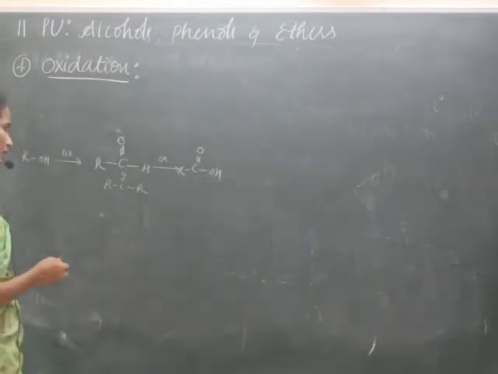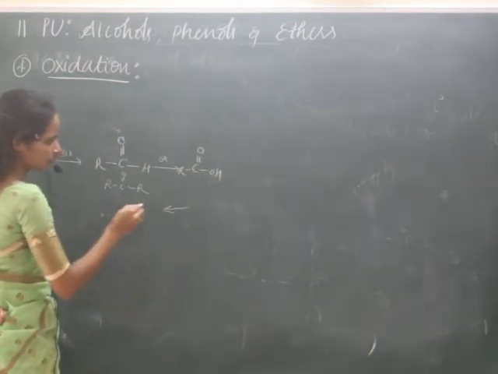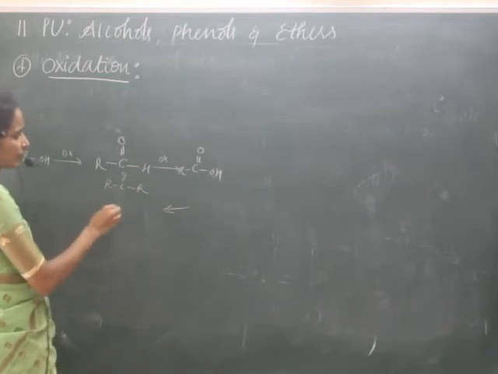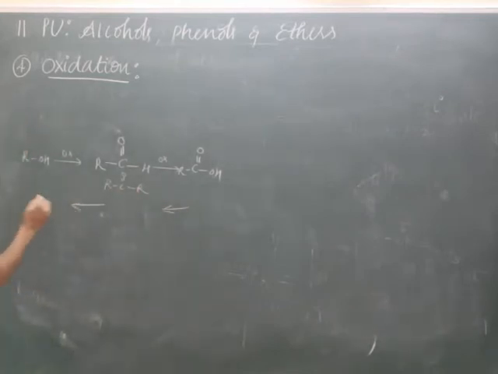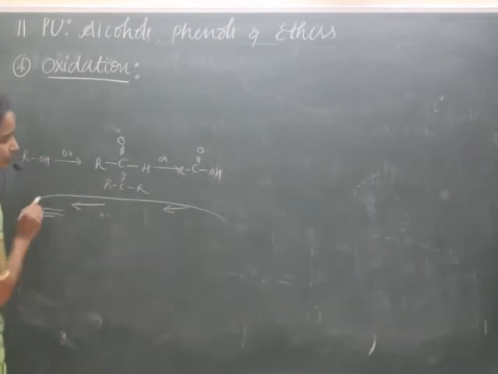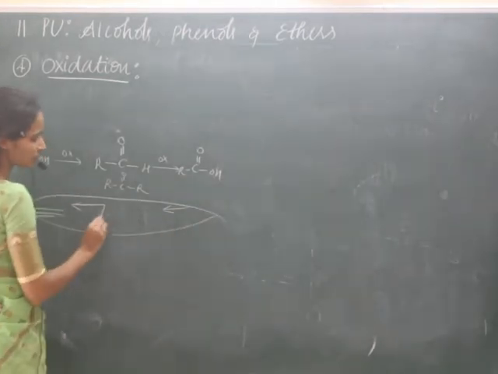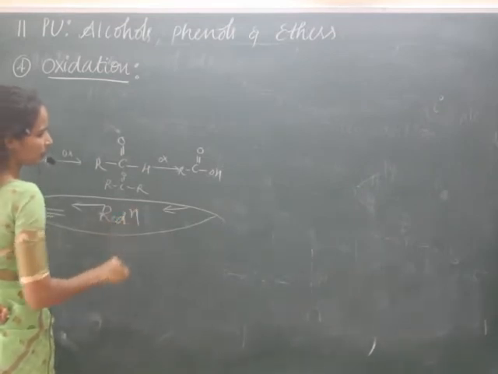And we already studied reduction reaction. Acid reduction gives aldehydes or ketones, and reduction of aldehydes or ketones will give alcohols. This we studied in preparative methods, right? Reduction reactions, right?